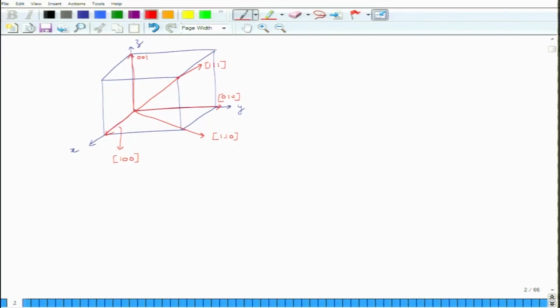Okay. If you consider this direction, 1 1 0. Now in direction also you have a concept of negative. So let's say if I want to draw 1 1 bar 0, then again I need to shift the origin appropriately. So I can see that my one translation along y axis requires me to shift the origin in such a fashion so that I am able to move along negative y axis.